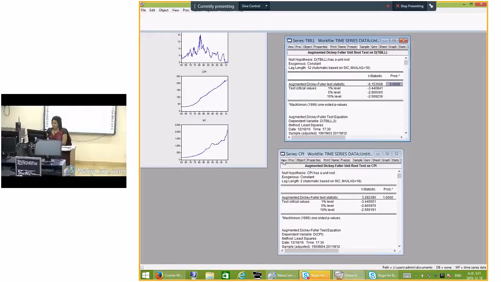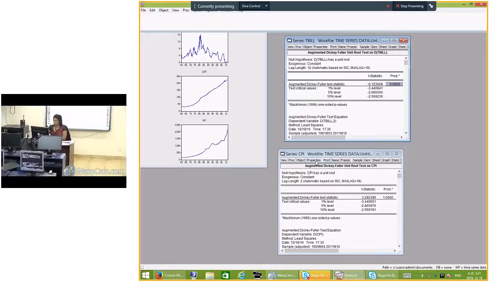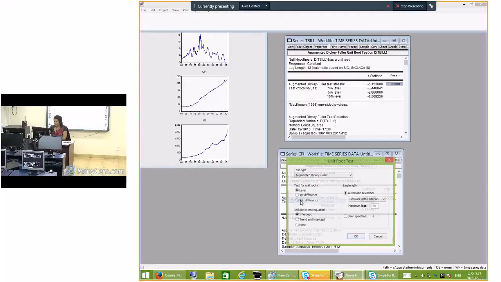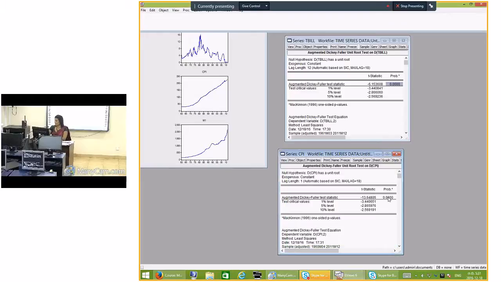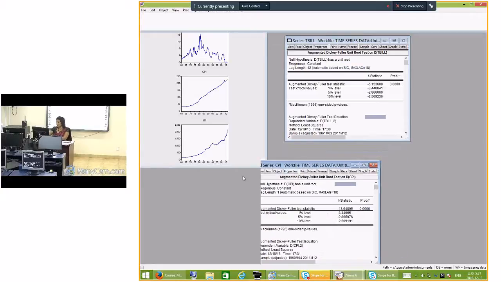Now do the unit root test on the first difference. Now you can see the first difference series are stationary. Here also first difference series are stationary. These variables of the first difference series are stationary.